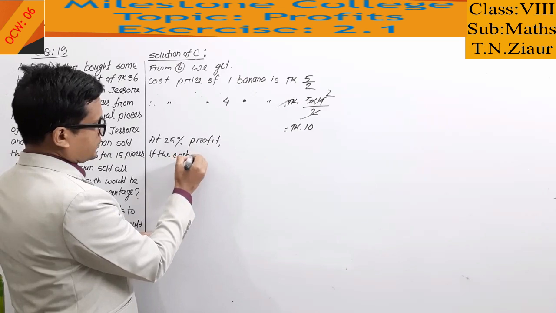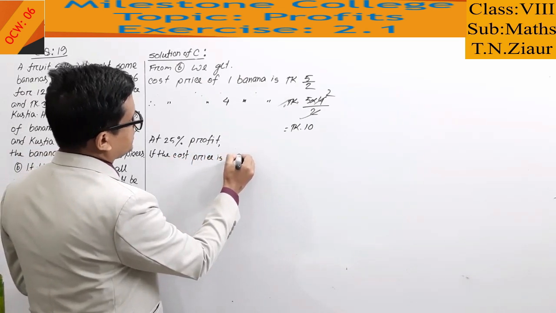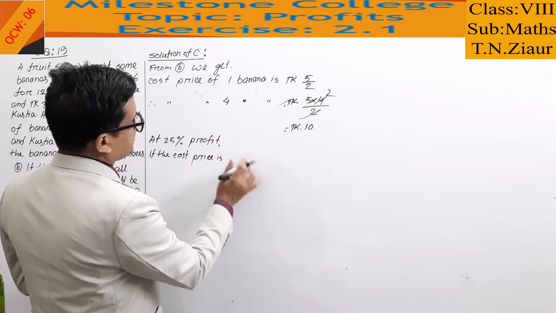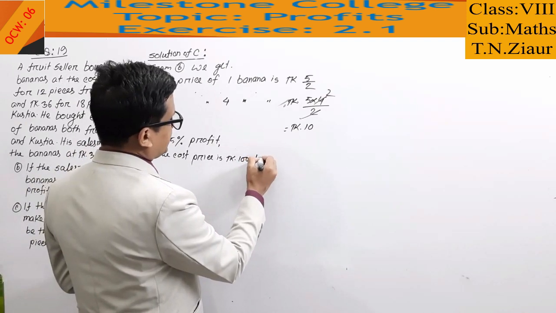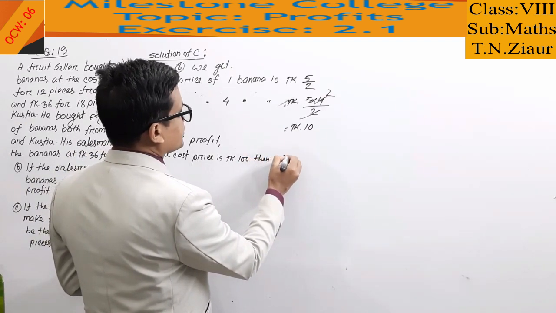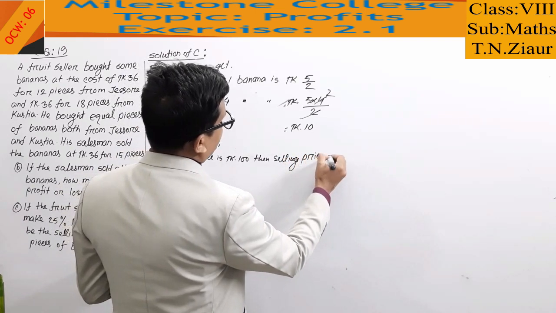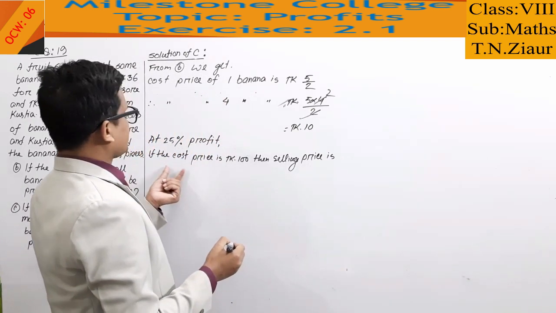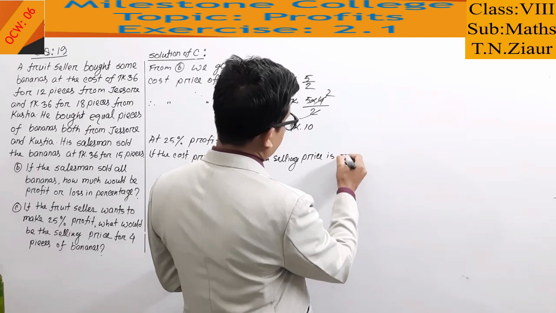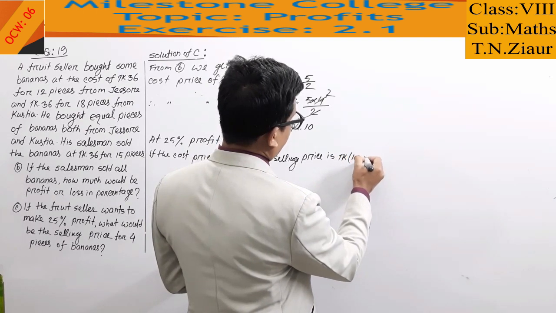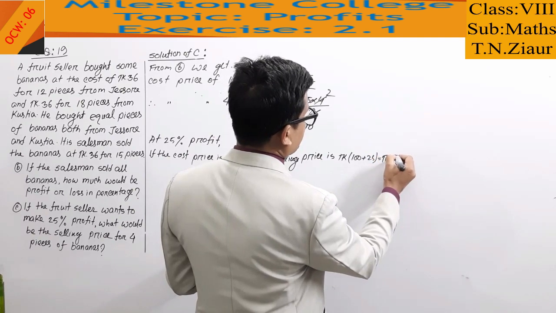If the cost price is taka 100, then selling price at 25% profit is taka 100 plus 25, that means taka 125.